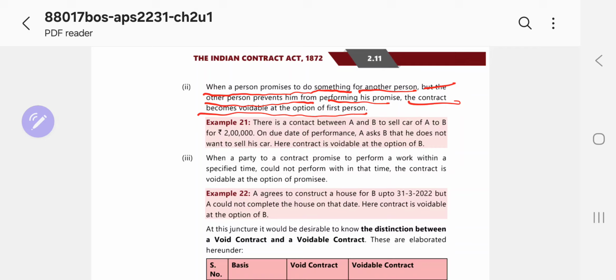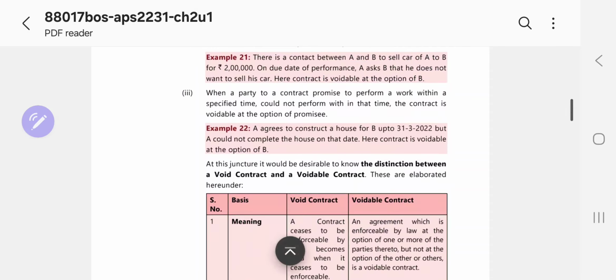For example, here there is a contract between A and B for A to sell his car to B for 2 lakh rupees. On the due date of performance, A says to B that he does not want to sell his car. Here, the contract is voidable at the option of B. So A and B have entered into a contract that A will sell the car to B for rupees 2 lakh.